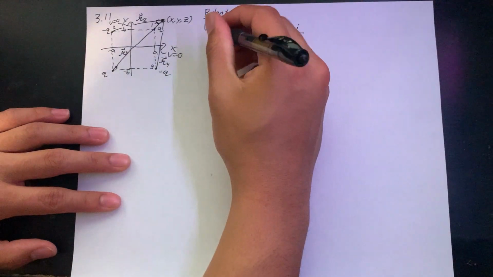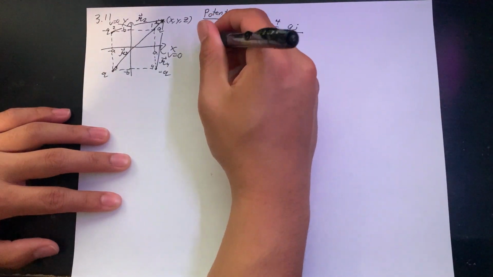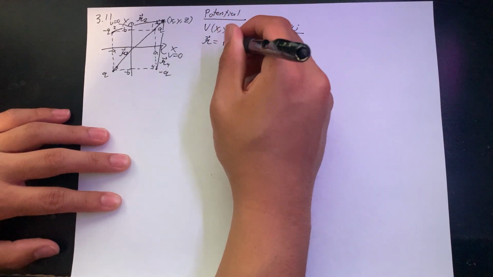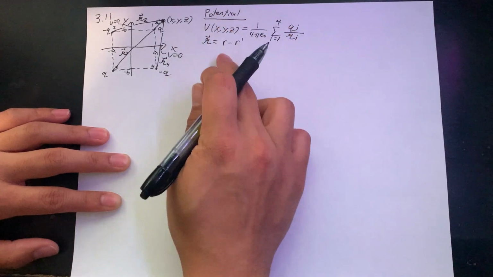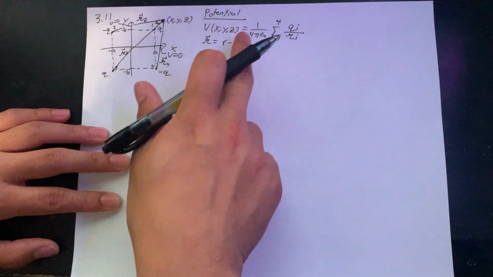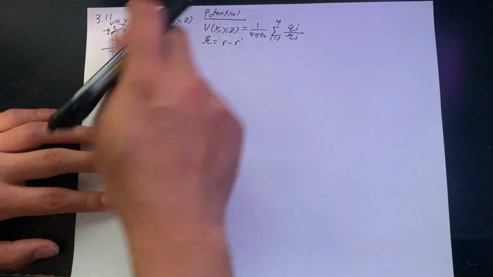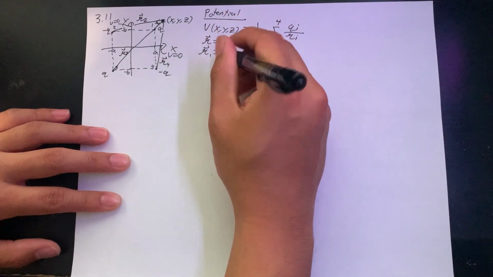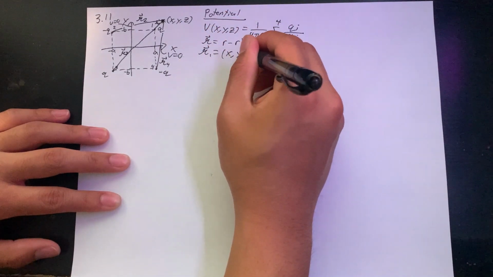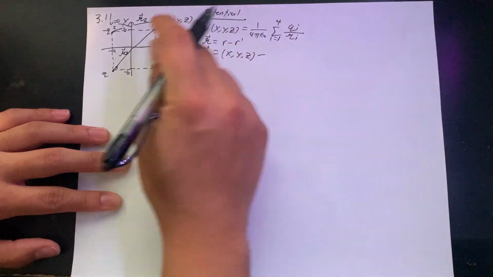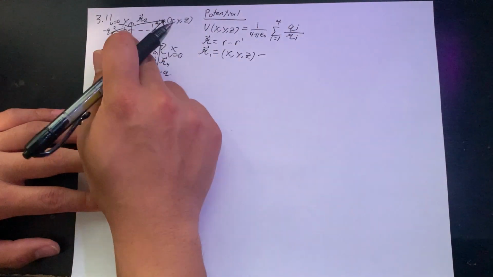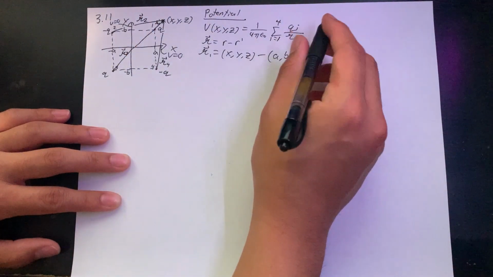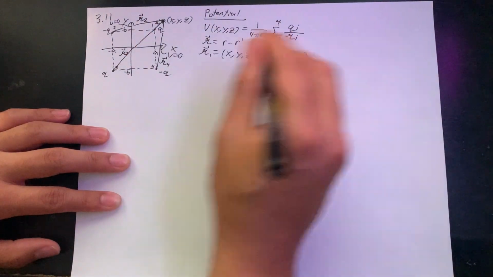Okay, so now we know the separation vector is defined as the field point minus the source point, and our field point is going to be x, y, z, and our source point is going to be wherever our point charge is. So for our first one, the field point is x, y, z, and our point charge is located at positive a and positive b, so a, b, and we have nothing in our z-axis, it's going to be 0.